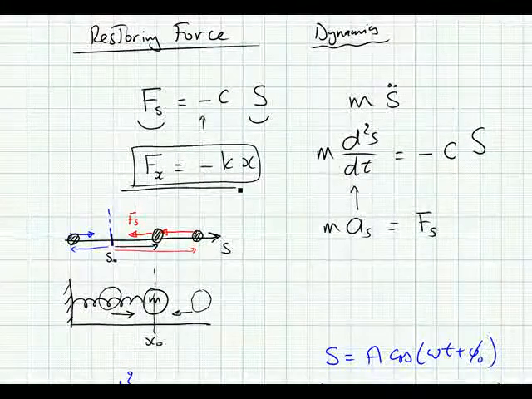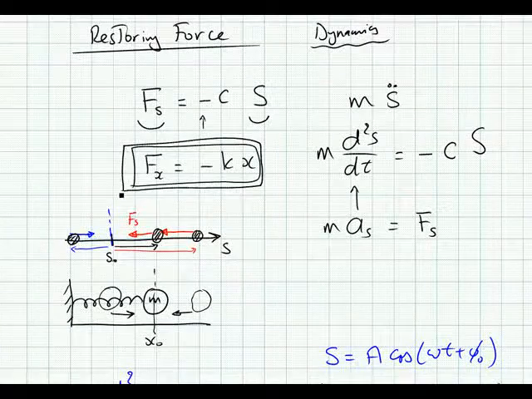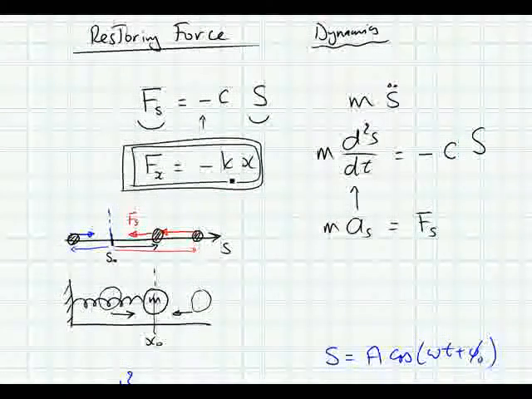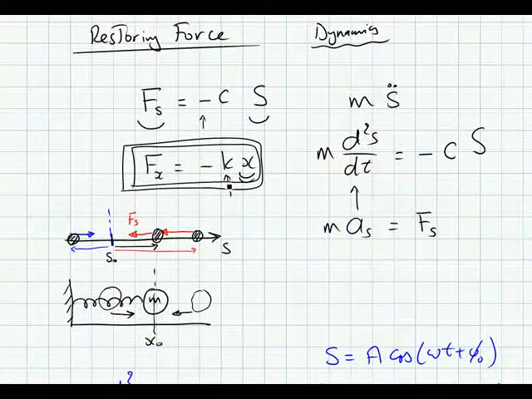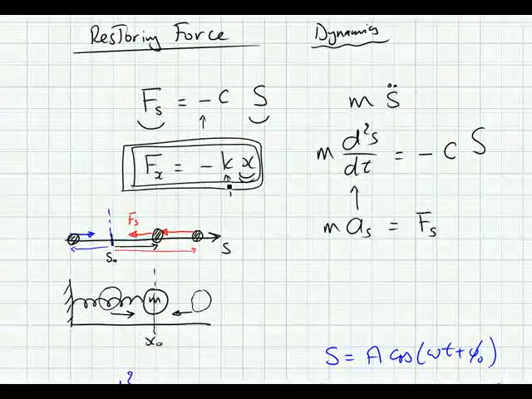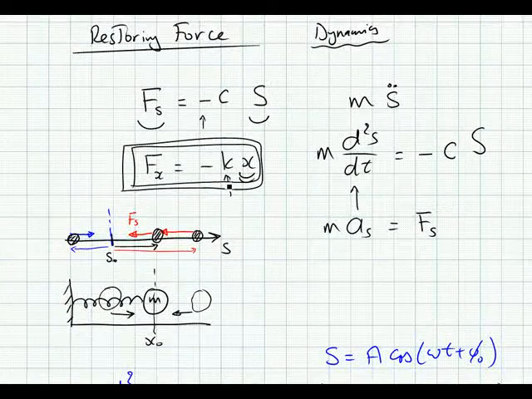And as we saw, the spring force is given by Hooke's law. It's proportional to the displacement itself, and the constant of proportionality is the spring constant of the spring in use.